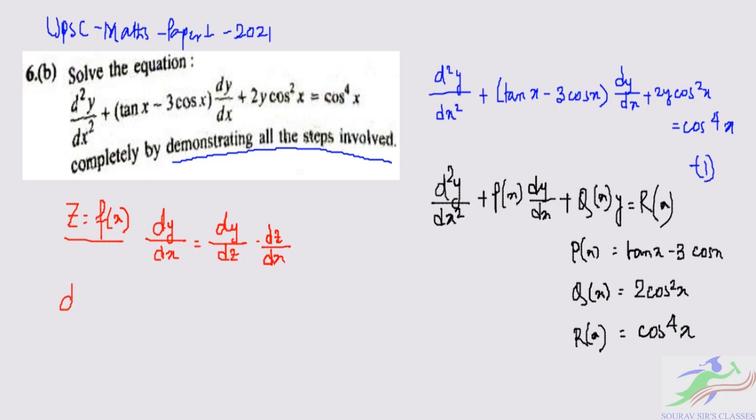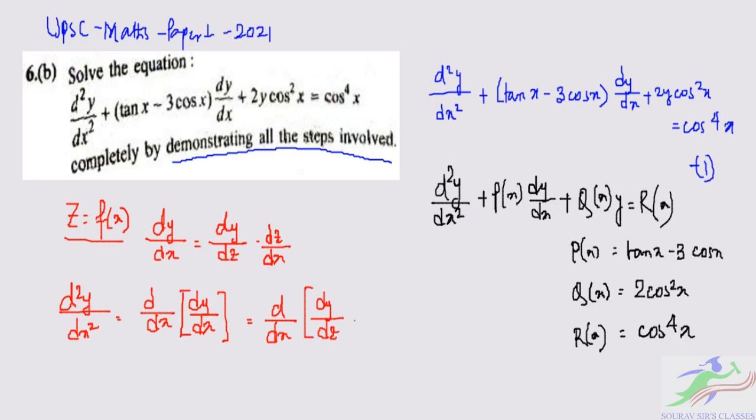So we have d2y/dx2, which can be written as d/dx of dy/dx. Here we can write this as d/dx of (dy/dz times dz/dx).